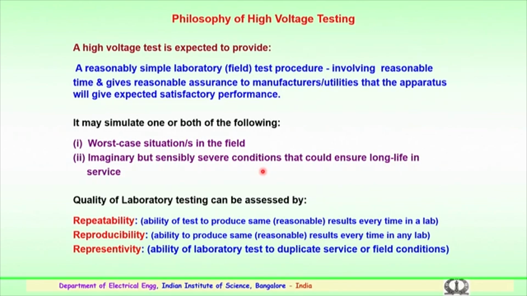Any high voltage test which is conducted in the laboratory or in the field is expected to provide a reasonable assurance to the manufacturers and utilities, using suitable equipment in the laboratory and a suitable procedure which could be conducted in a reasonable time, that after the testing the apparatus is giving an expected satisfactory performance. So, with this intention the test is conducted.